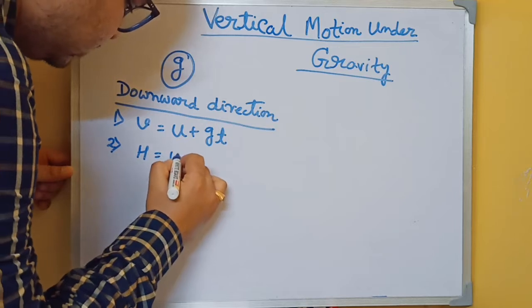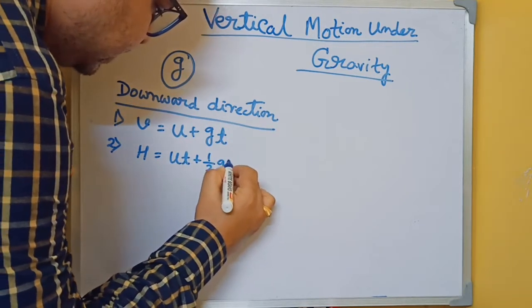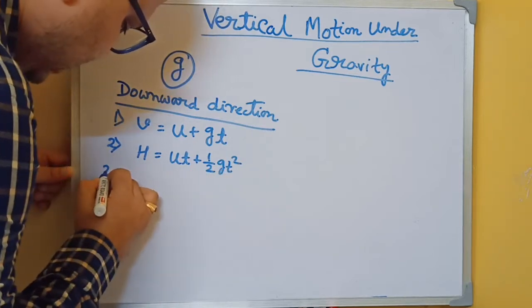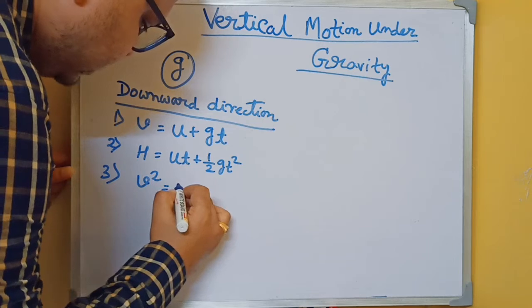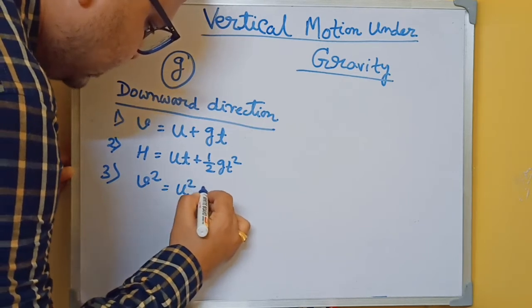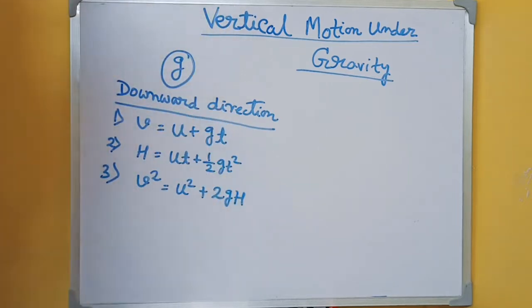Height h is equal to ut plus half gt square, and final velocity v square is equal to u square plus 2gh for the downward direction.